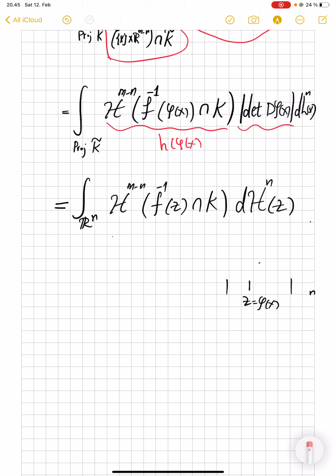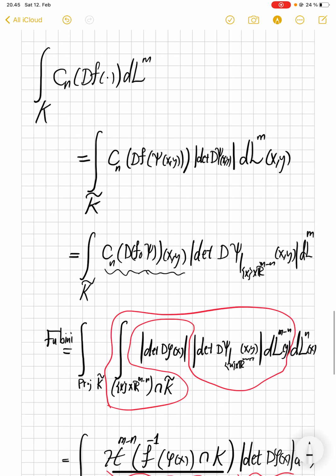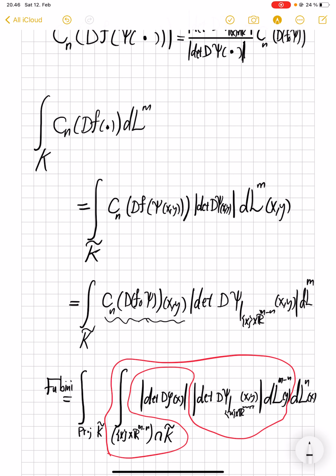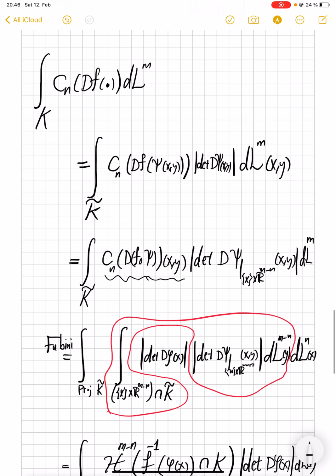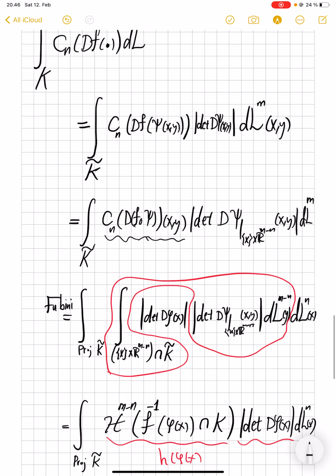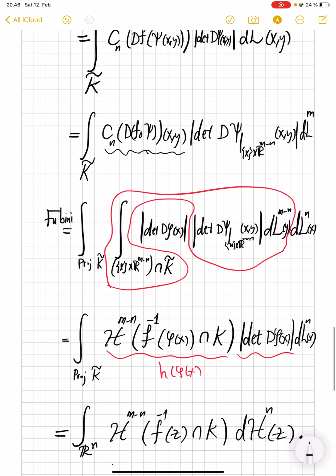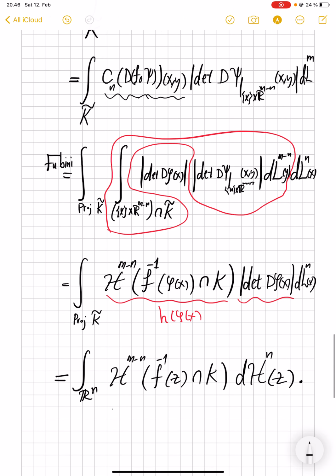So let me go back and show you what we actually computed. We started with integrating the Coarea factor over k. We did a transformation to the k tilde neighborhood. In the k tilde neighborhood, we did Fubini's theorem.